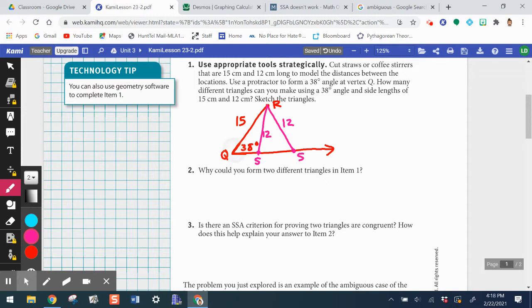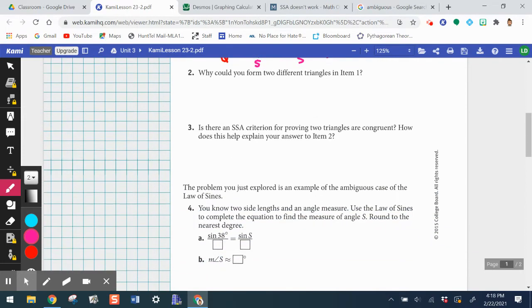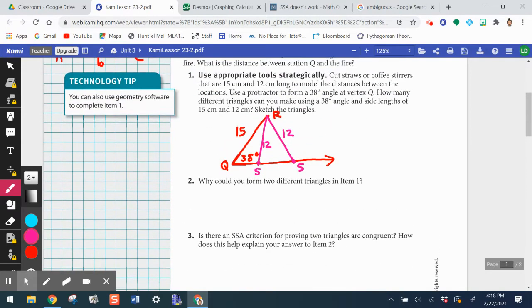The measure of angle Q, although it's somewhat dependent on this opposite side, we could extend these rays, especially this ray here, such that S could be in two different locations, and still the distance from R to S is 12 units. This really goes back to what item 3 is talking about. Is there a side-side-angle criterion for proving two triangles congruent? And how does this help explain your answer to item 2?